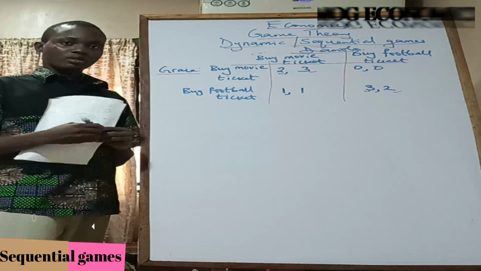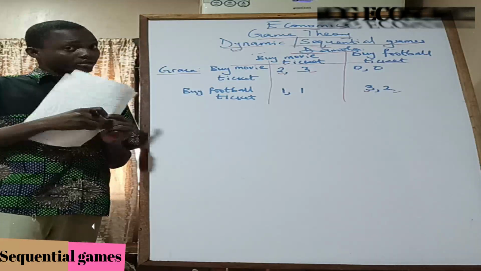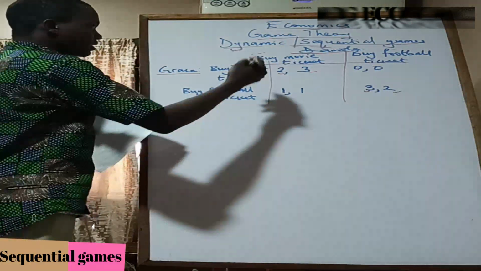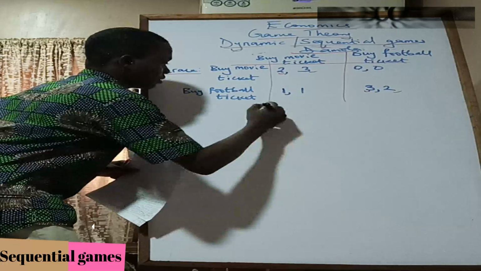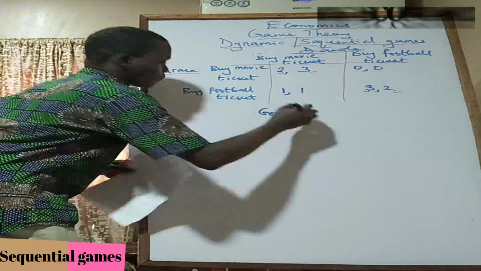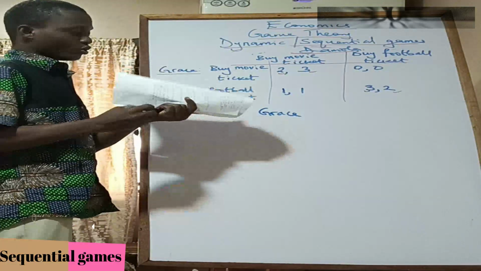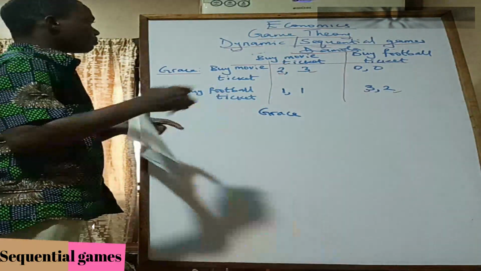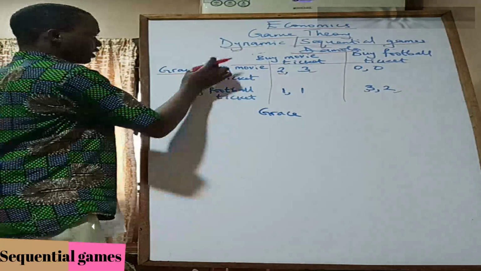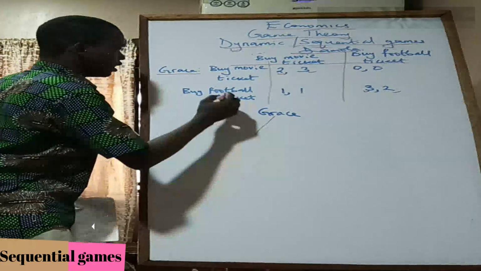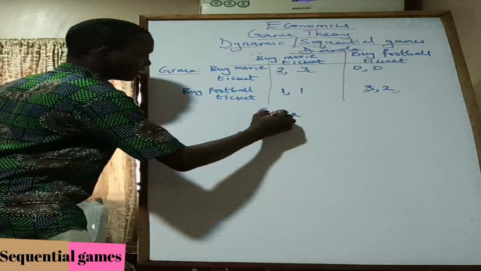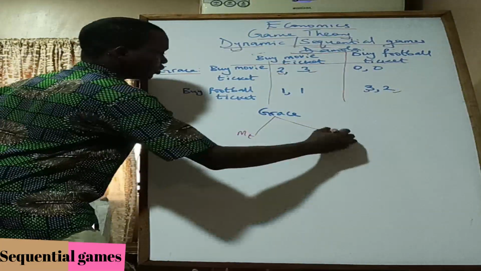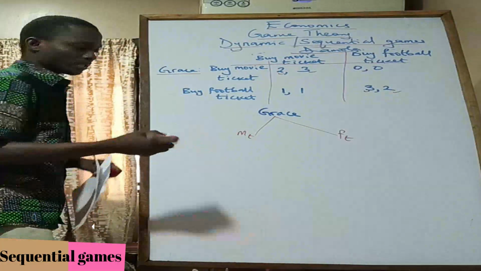Guys, what I'm going to do here is not magic, but I want us to pay attention. If Grace is the one moving first, we have Grace. Grace can choose one of two strategies: she can decide to buy a movie ticket, or she can decide to buy a football ticket. That's clear, right?